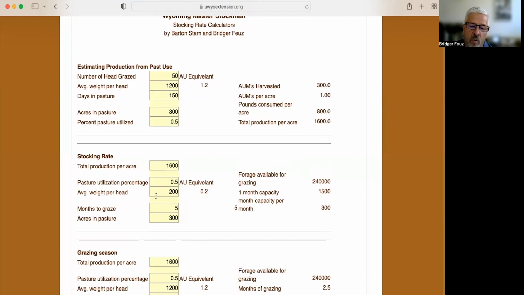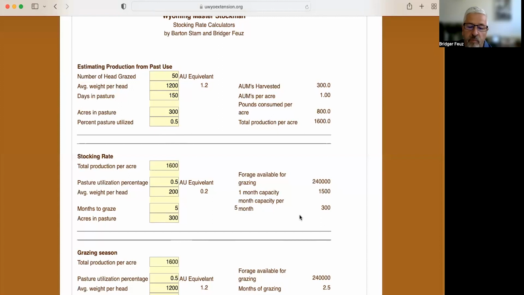Let's look at what we could do with sheep ewes that weighed 200 pounds. So if we had 200-pound ewes on this pasture, and we want to graze them for 5 months, and there's still that same 300 acres in the pasture. Well, now the 1 month capacity on that pasture is 1,500 ewes.